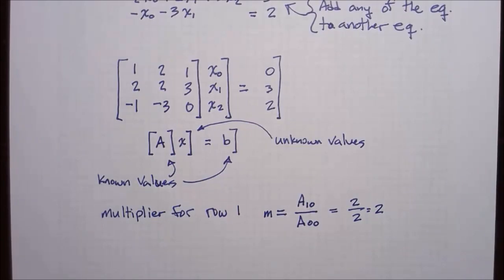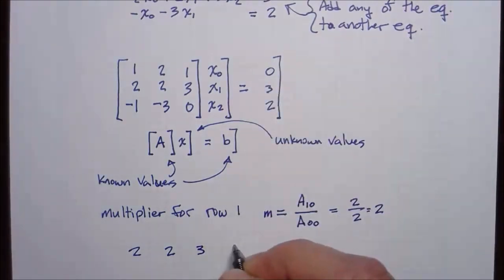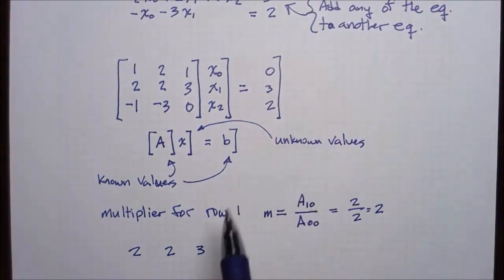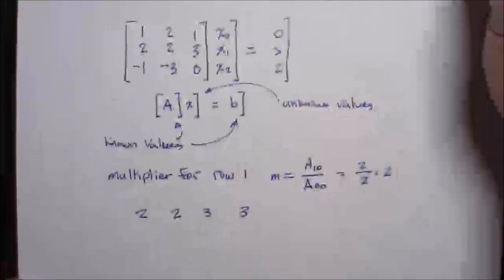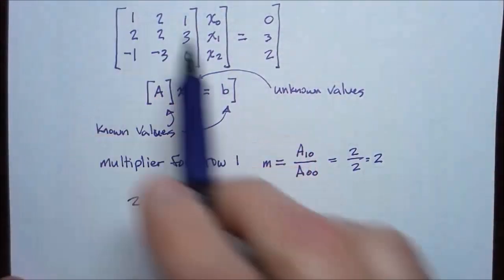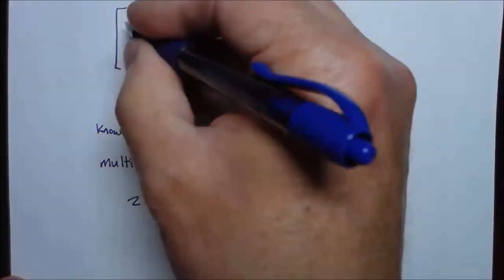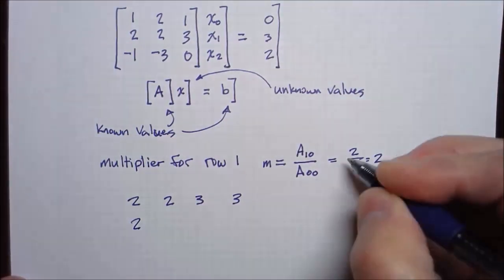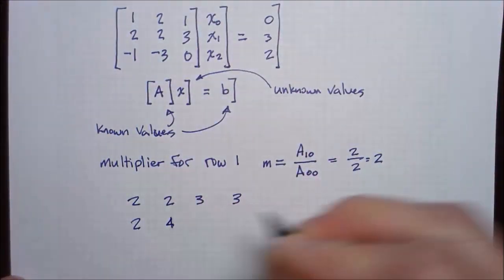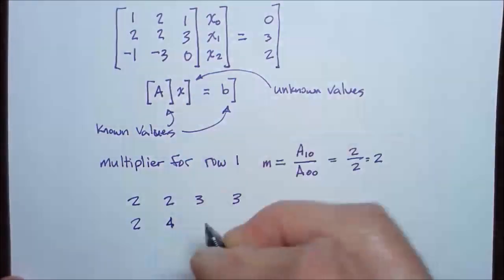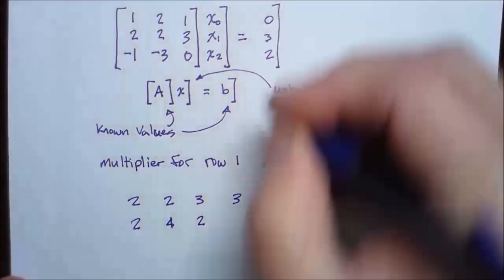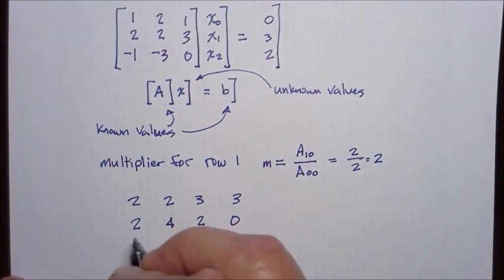the second row. So for the second row, we've got a 2, a 2, a 3, and then I have to include this 3 here. Now I want to multiply the first row by this constant. 2 times 1 is 2, 2 times 2 is 4, 2 times 1 is 2, 2 times 0 is 0.